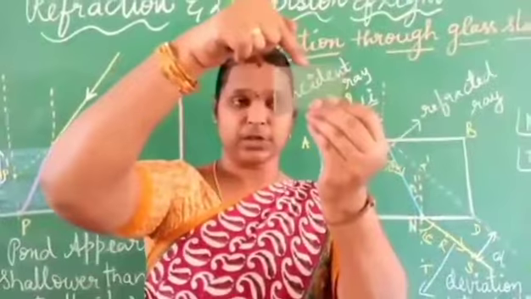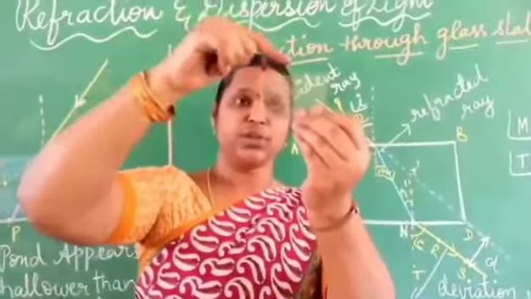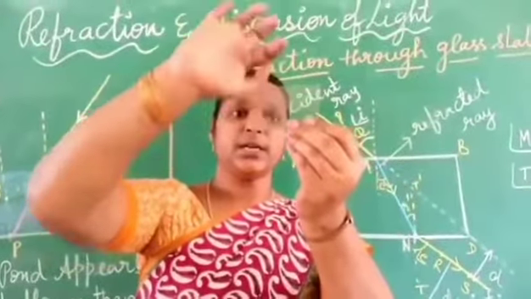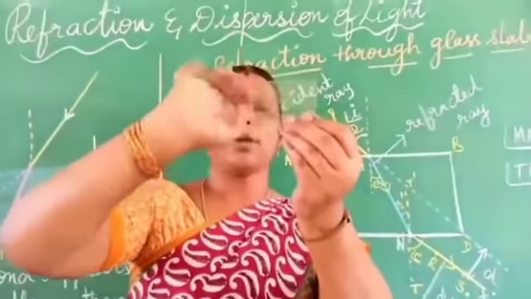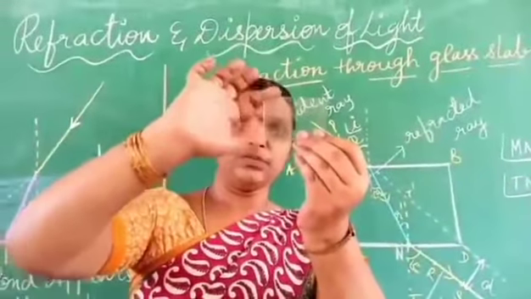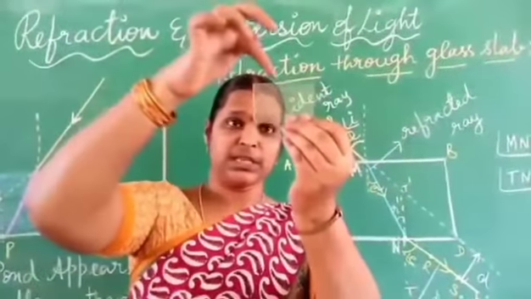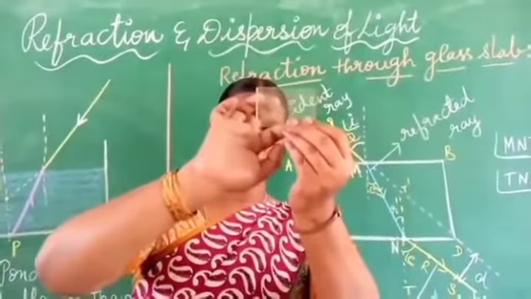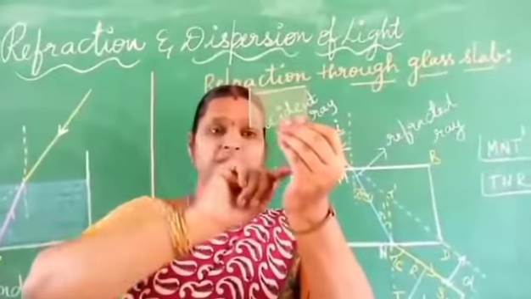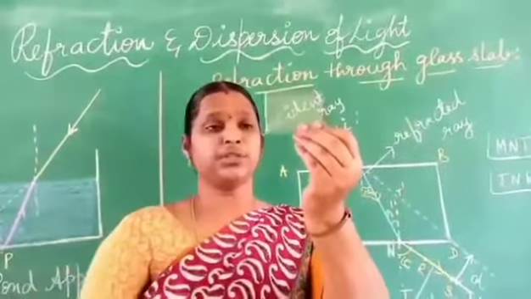So when a ray of light is falling on the glass slab, that is called the incident ray. As it is moving from rarer to denser, it moves towards the normal. Then when it is moving from denser to rarer, it moves away from the normal. Inside, what is forming is the refracted ray, and the ray which is coming out is the emergent ray.